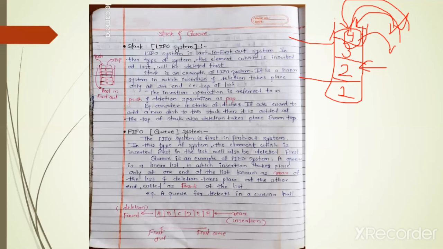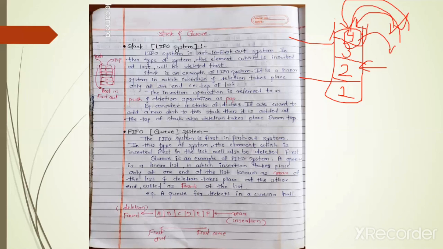Next is the FIFO queue system, that is first in first out system. It is also referred to as queue system. In this type of system, the element which is inserted first in the list will also be deleted first. Means first in and first out. Queue is an example of FIFO system.